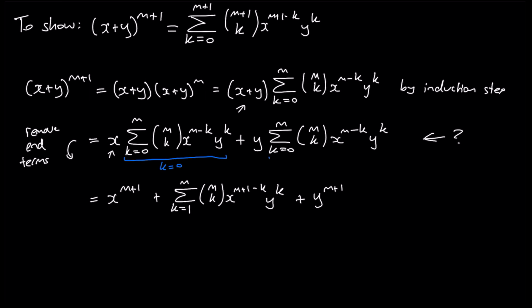And I got that y to the m from the k equals m term here. So what I'm left with is this sum from k equals 0 to m minus 1 because I took the m term, and I have m choose k, x to the m minus k, y to the k plus 1, because I've gained a y term there, because I put that y inside the sum in that step also.